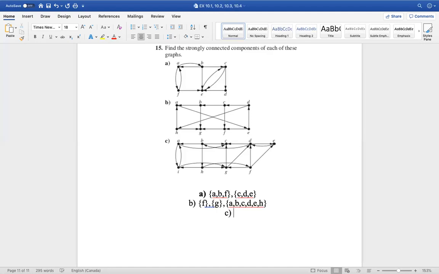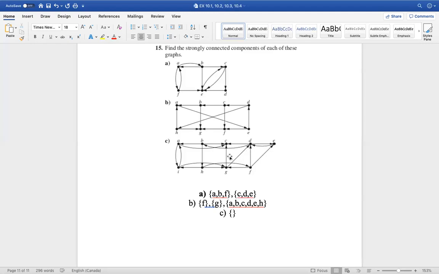So let's take the last one as well. For question number C, if we take this node C, right? We see that this C node is its own strongly connected component. A lot of nodes are ending at this node, right?